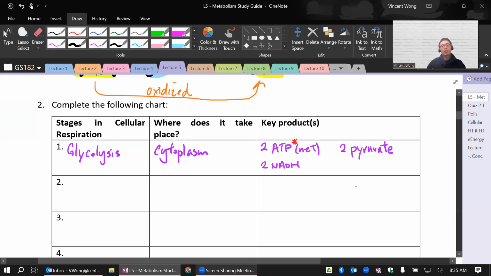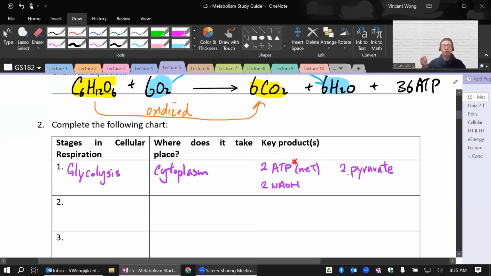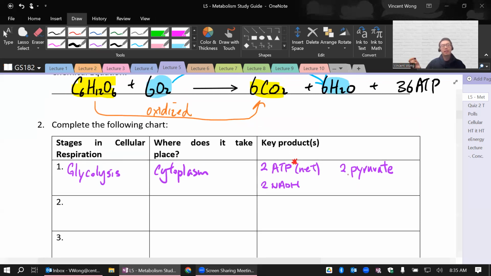We talked about how there are two methods for producing ATP, right? One of them is substrate level phosphorylation, or SLP for short. That's when there is an enzyme that transfers a phosphate from a donor molecule onto ADP.